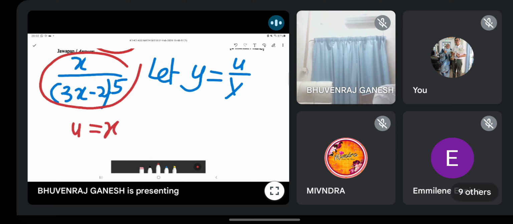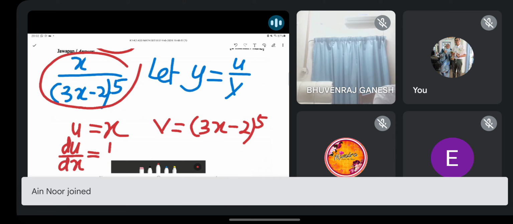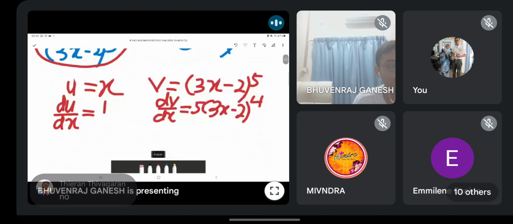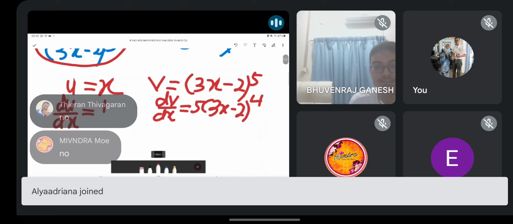It's much easier. So u is x, v is (3x minus 2) power 5. Then kamu buat pembezaan terhadap u and v. So du/dx is 1, dv/dx is equal to 5(3x minus 2) power 4. Okay guys, boleh tak saya henti kat sini pembezaan saya? Can I stop my differentiation process over here?